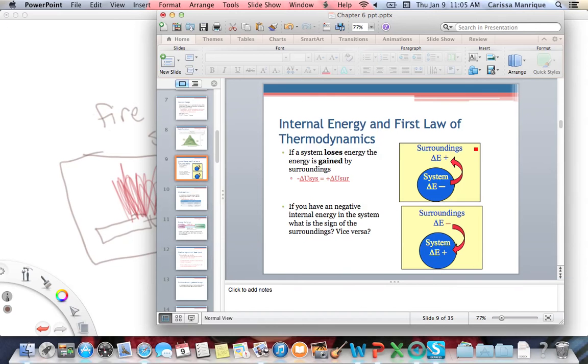Because the room became more hot, okay? Now let's look at the melting ice. Ice is on the table. It's going to grab heat from the surroundings, from the room, and it's going to be put into our ice. So our ice is positive because it gained heat, but our surroundings are negative because they lost the heat. They'll always have opposite signs of each other.